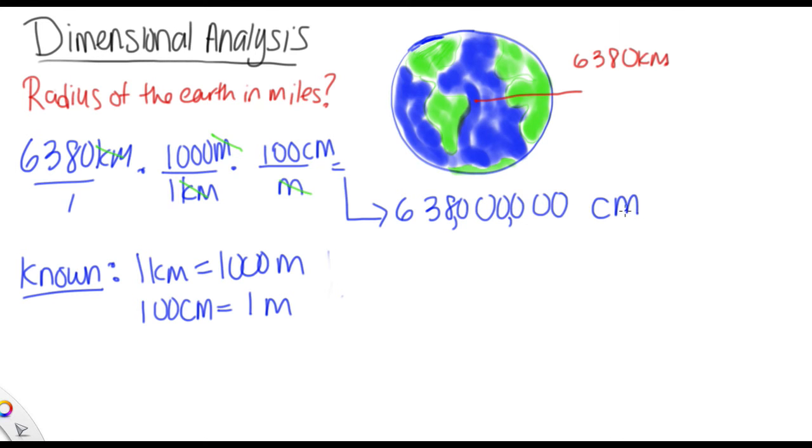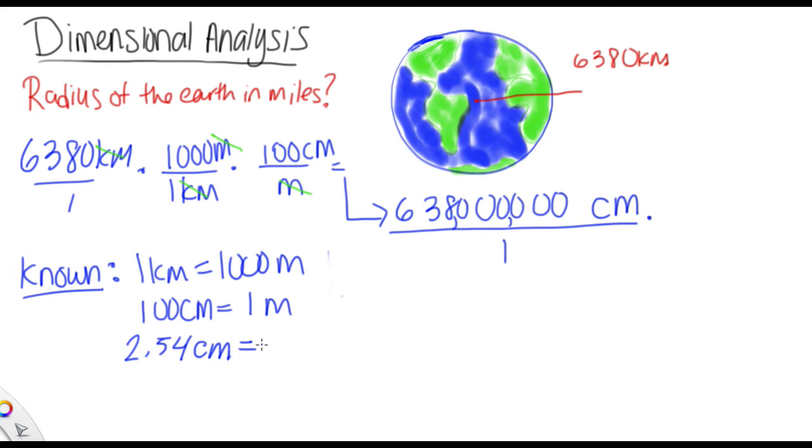Now we need to convert from metric to English units, or American. So we have 638 million centimeters times, what is the conversion to get rid of centimeters? Well, we know that 2.54 centimeters equals 1 inch.